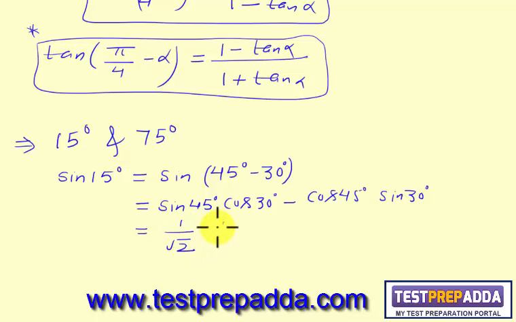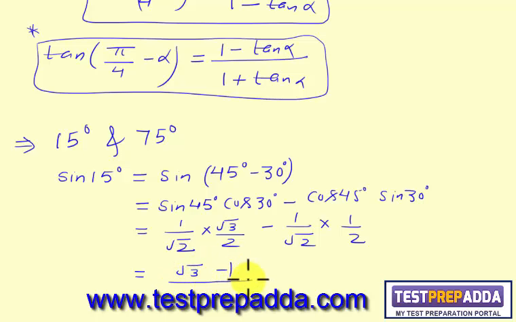Cos 30 is root 3 by 2. Cos 45 is 1 by root 2. Sin 30 is 1 by 2. So it becomes root 3 minus 1, 2 root 2 is the LCM, upon 2 root 2. This is the value of sine 15 degree, which we got with the help of sine A minus B.